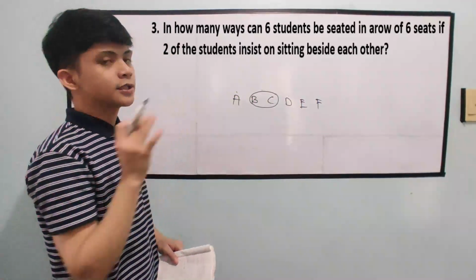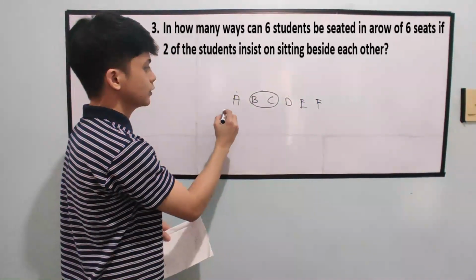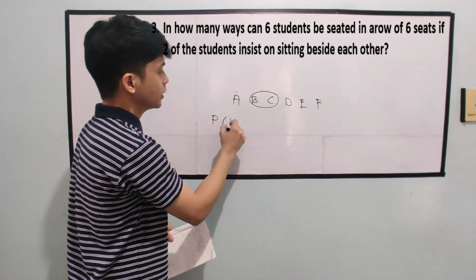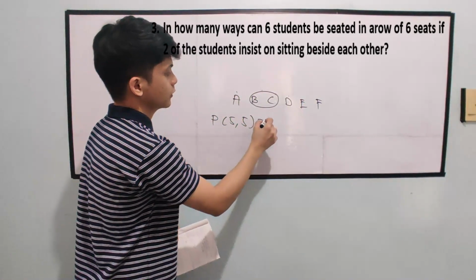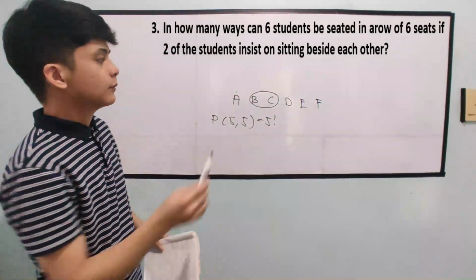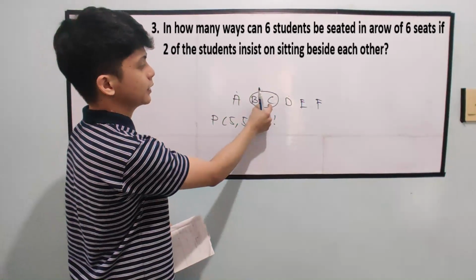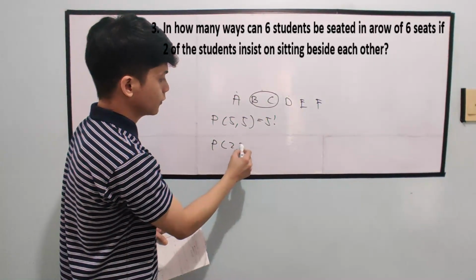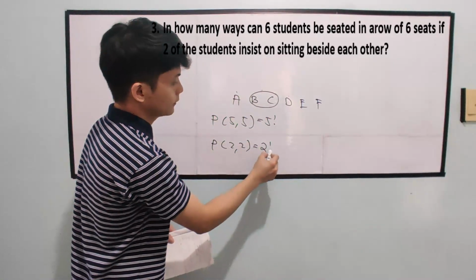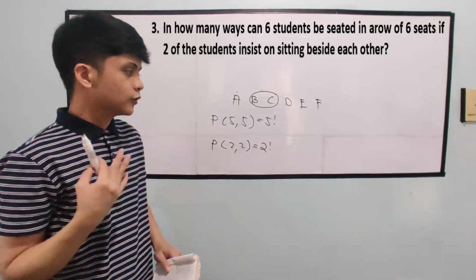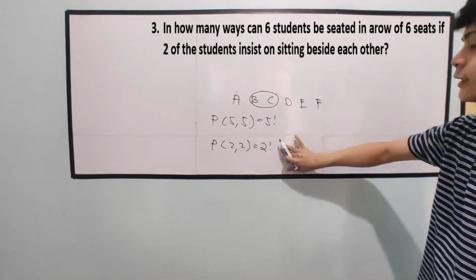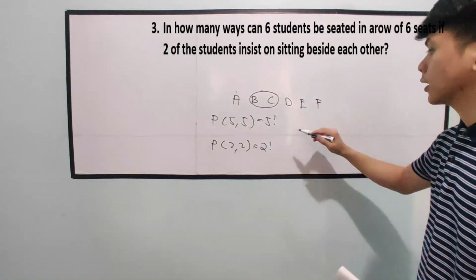So, para na tayo nag-arrange ng 5 people. So, number of arrangement natin dyan is permutation of 5 taken 5 lang, or 5 factorial. Now, aside from that, ma-arrange pa natin tong dalawang to. That is permutation of 2 taken 2, or 2 factorial. So, yung total arrangement niya is multiply natin itong dalawa by counting principle.